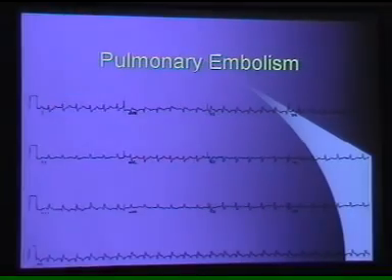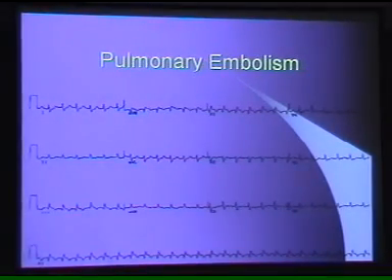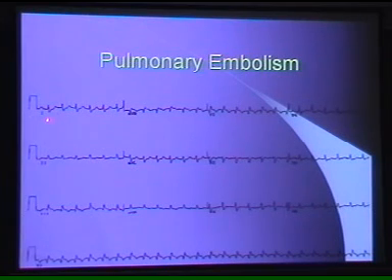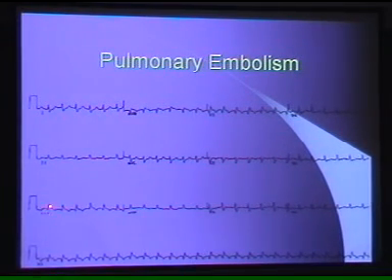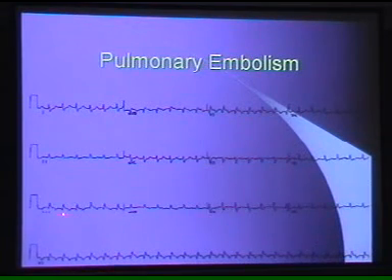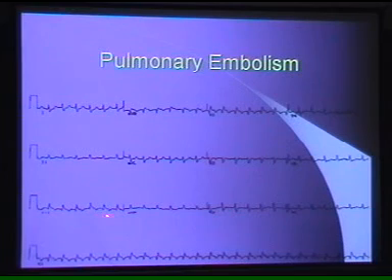Next one. Now in pulmonary embolism also the ECG can be very helpful, and here we find that the typical change of pulmonary embolism is a deep S wave in lead 1 and a Q wave in lead 3, and similarly an inverted T wave in lead 3.